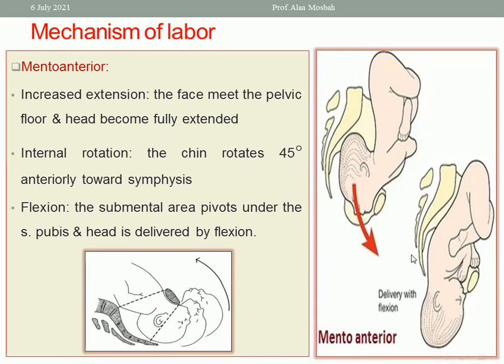Then delivery of the head: when the chin hangs behind the symphysis pubis, delivery of the head will occur in flexion. If you remember occipital anterior, which is the normal and commonest presentation, the head is delivered in extension, while delivery of the face in mento-anterior is in flexion.